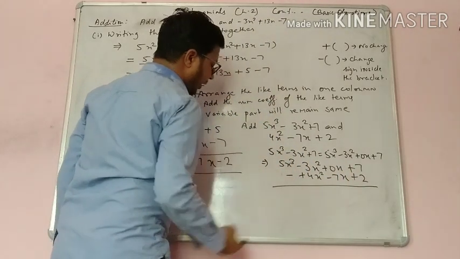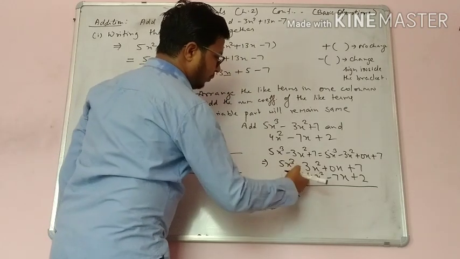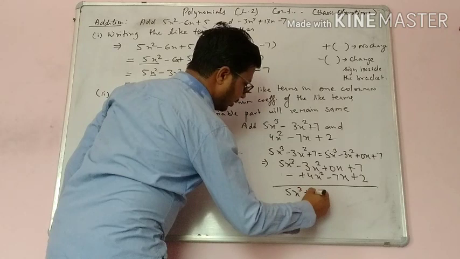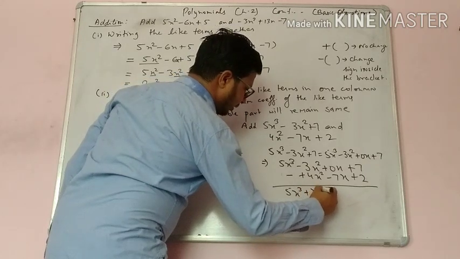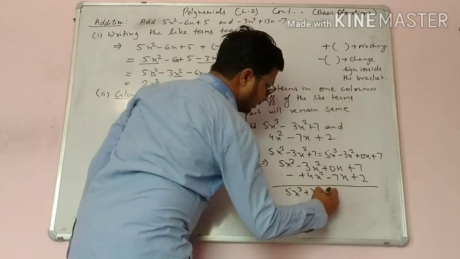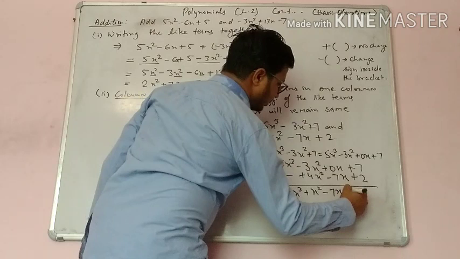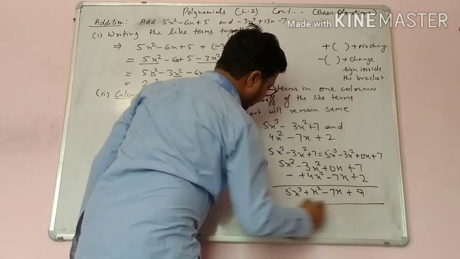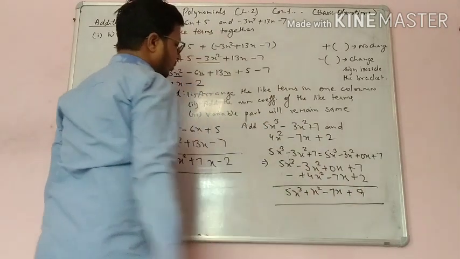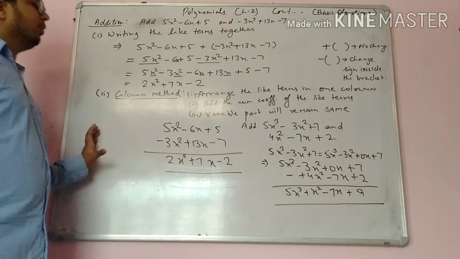Now we can easily add. That will remain the same, as we have nothing to add, or you can add 0. 4 minus 3 is equal to 1. 1 we need not write, x square, and here it will be minus 7x, and 7 plus 2 is equal to 9. Otherwise you can leave it blank also. Clear about how to add the polynomials.